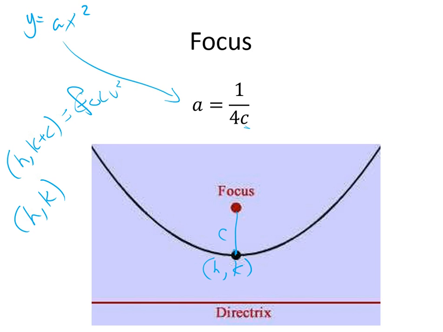Okay, and we're going to look at an example of finding the focus and finding the directrix. The directrix would be (h, k minus c), so you subtract, and that would be your directrix. So you're going to have to find what your c value is, or if you know what it is, then you're going to have to find the a value to create your function.